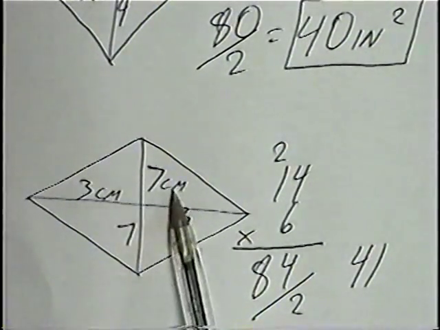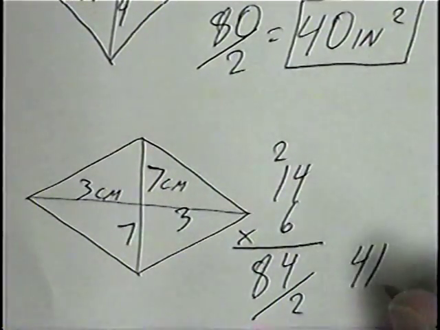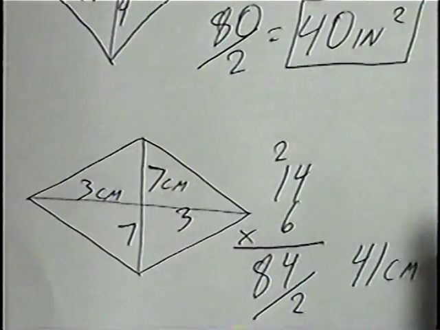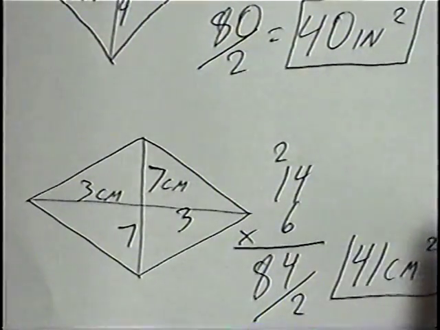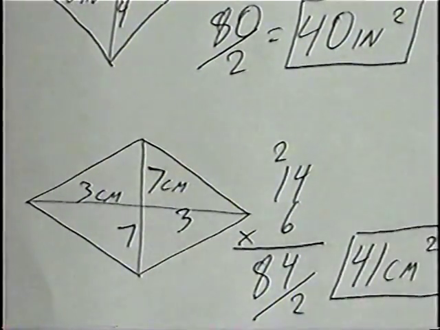And the units again are centimeters. Multiplying centimeters times centimeters would be 42 centimeters squared for the area of the rhombus.